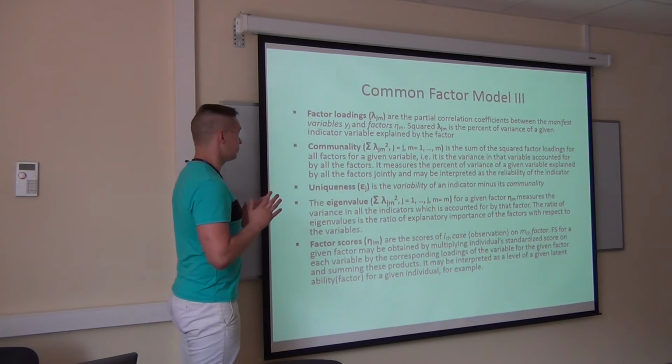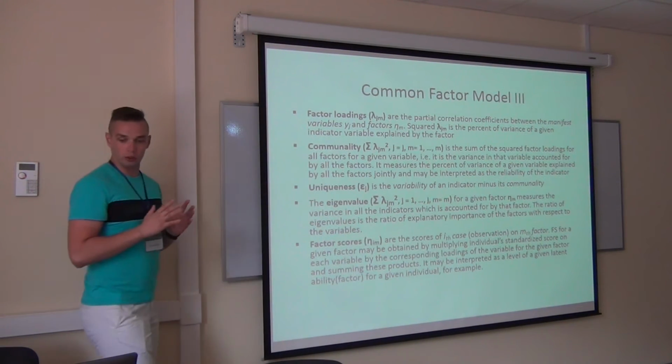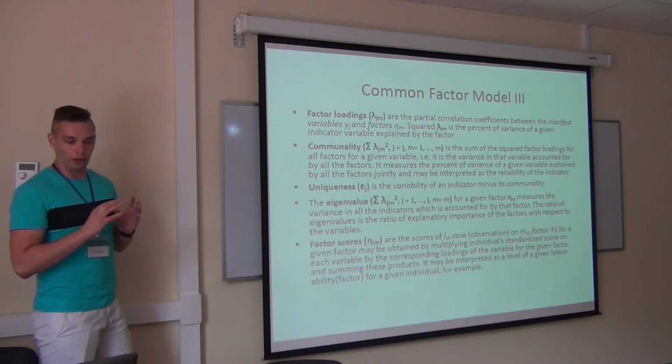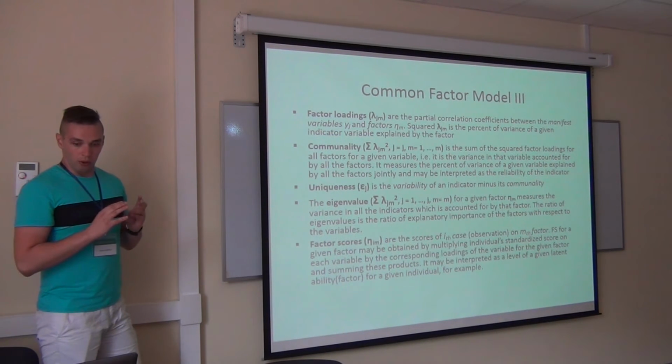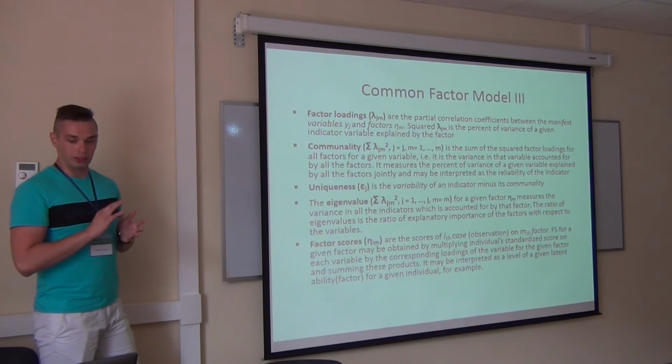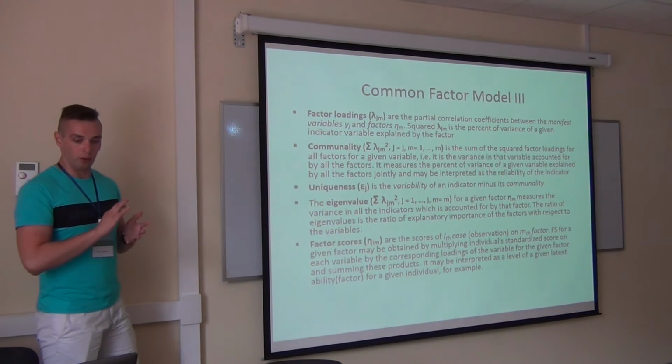Then, communality. Communality is the sum of the squared factor loadings for all factors for a given variable. It is the variance in that variable accounted for by all the factors.